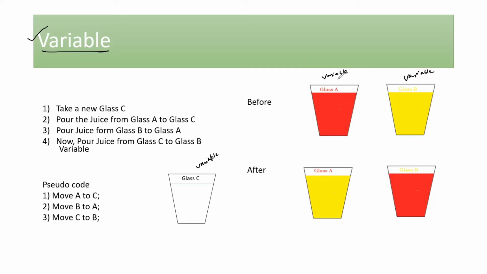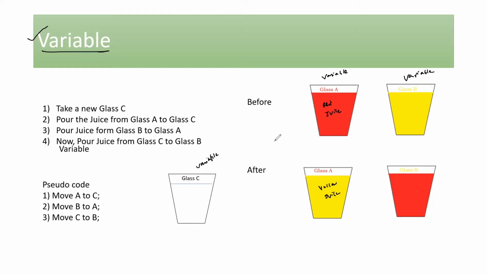Now why is it called a variable? Earlier, the value inside glass A was the red colored juice. Now the same glass is holding the yellow colored juice. That means the value inside this glass is changing. That is where we got this concept name, variable, because it changes depending on the value that you put inside it.